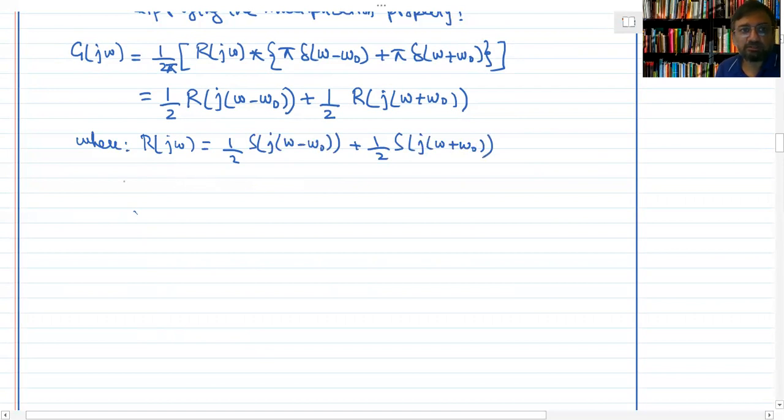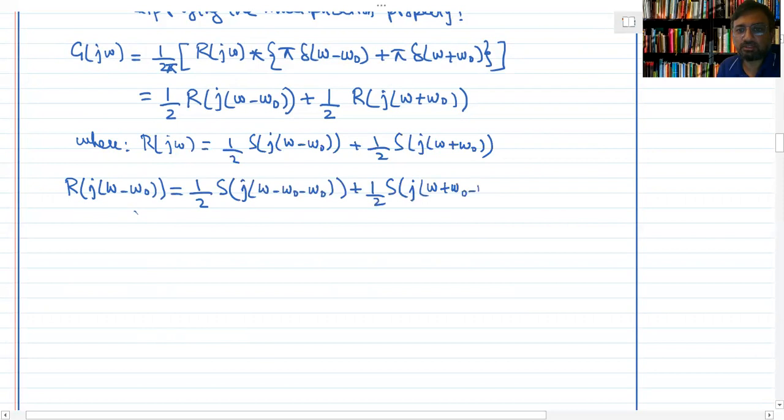So have we recovered Sj omega by multiplying Rt once again with cos omega naught? Let's see. So what is Rj omega minus omega naught? This is Rj omega. If we shift it by omega naught, we can write the right hand side as 1/2 Sj omega minus omega naught minus omega naught plus 1/2 Sj omega plus omega naught minus omega naught.